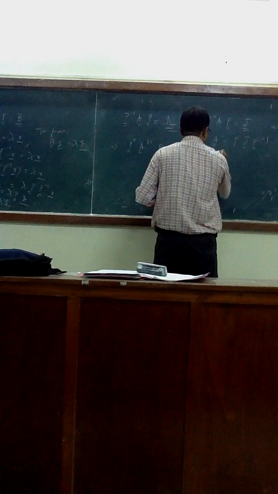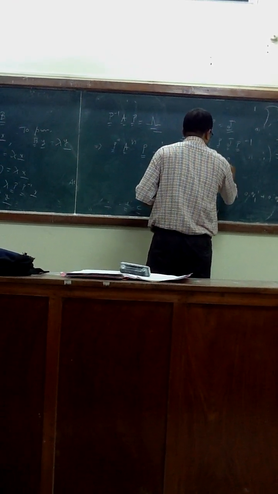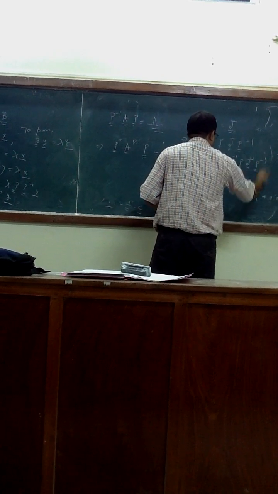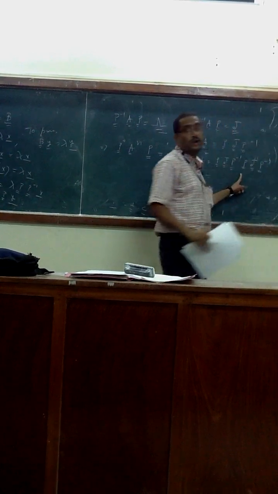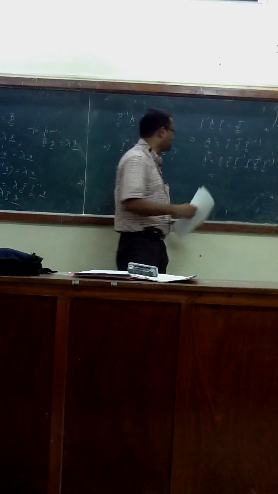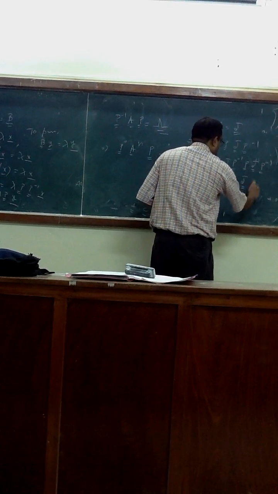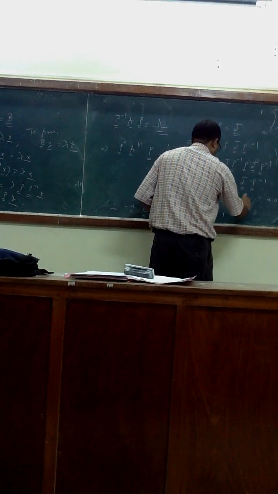A square will be what? P J P inverse, P J P inverse. Am I correct? Yes. P inverse P equals I, right? So it is P J P inverse, so it is P J square P inverse.